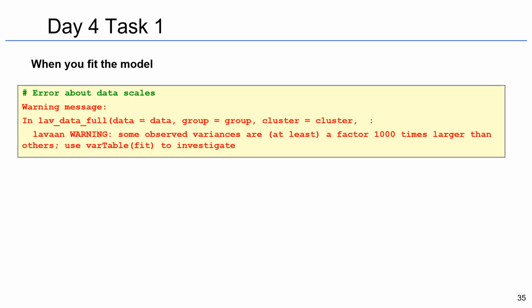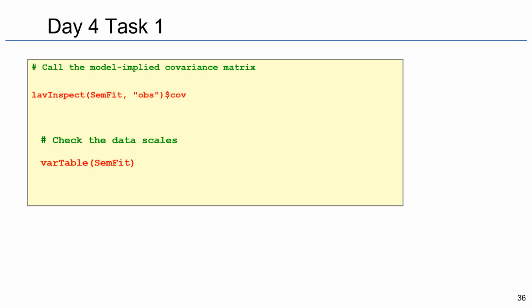And when you fit this model, you will get a warning. This is the same warning as we had yesterday when we fitted the model for the grassland project. You can address this warning by following the same steps that we did yesterday. For this, you can call the model implied covariance matrix using the function lavInspect and check that there are no data problems, for instance no missing data.